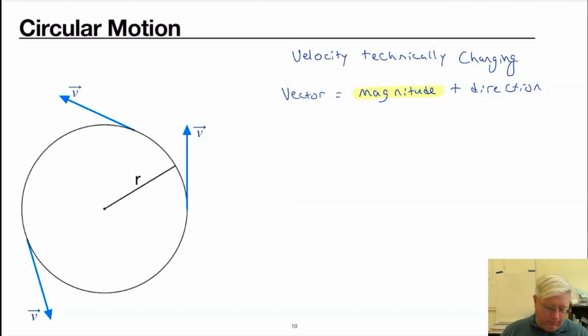Well, sometimes we call this centripetal acceleration. Okay, and the word centripetal literally means center seeking.